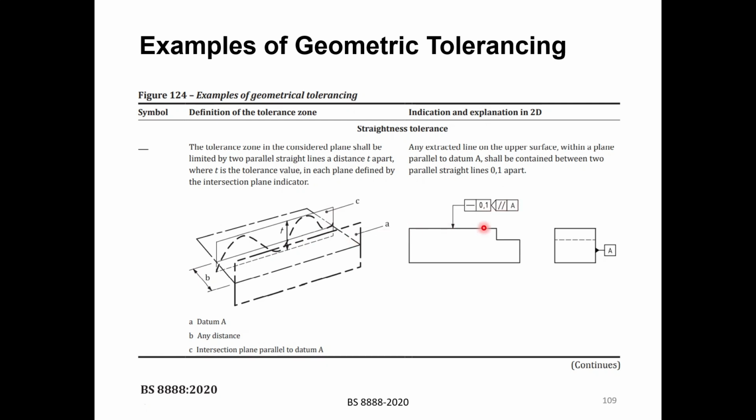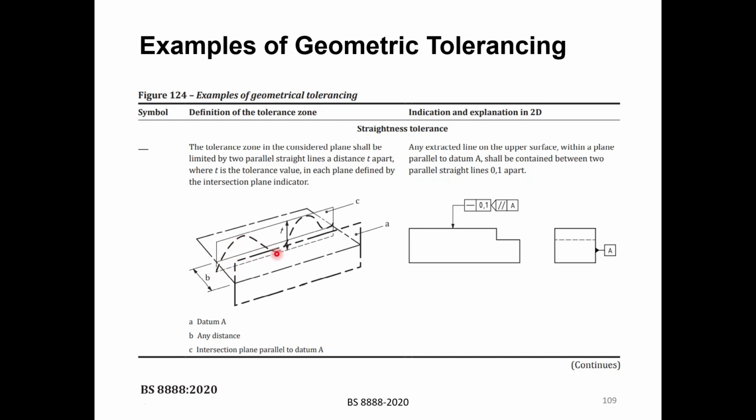Then the straightness of this edge should be within 0.1, meaning that for this edge, if you draw two lines, let's say one above and one below, the distance between these two lines, this line here and this line here, is small t, where the t here is the tolerance, which is 0.1. So this edge here can take any shape.